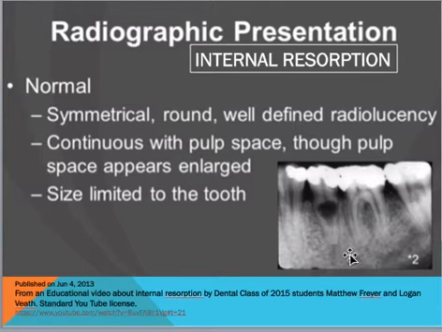Sometimes the odontoclasts become activated and begin to take away tooth structure, and that can cause internal resorption. Sometimes we'll see external resorption as well, and that's a condition where the tip of the root typically, or another part of the root of the tooth, appears to having been eaten away on the X-ray.